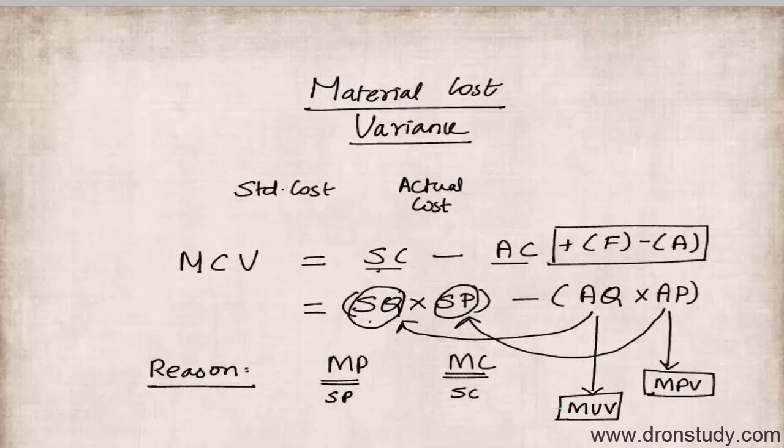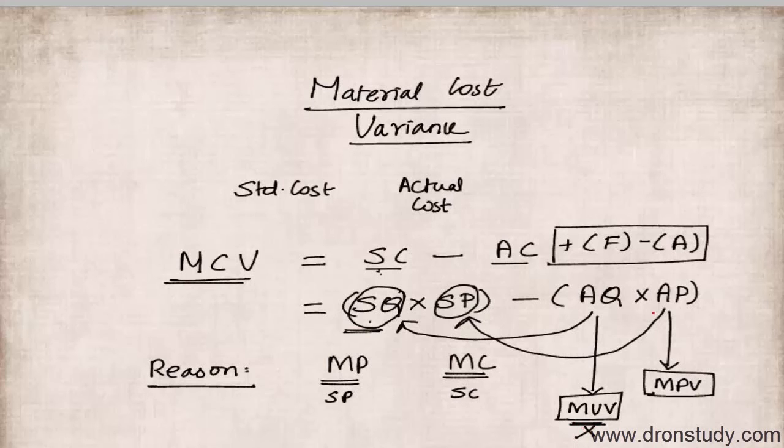I'll just repeat, here we have found the material cost variance by comparing the standard cost and the actual cost. Why the standard cost and actual cost are differing, if you get into the reason, your actual quantity may be differing from standard quantity, so there is a change in the quantity consumed. So there is a change in the quantity usage, so we call it as material usage variance.